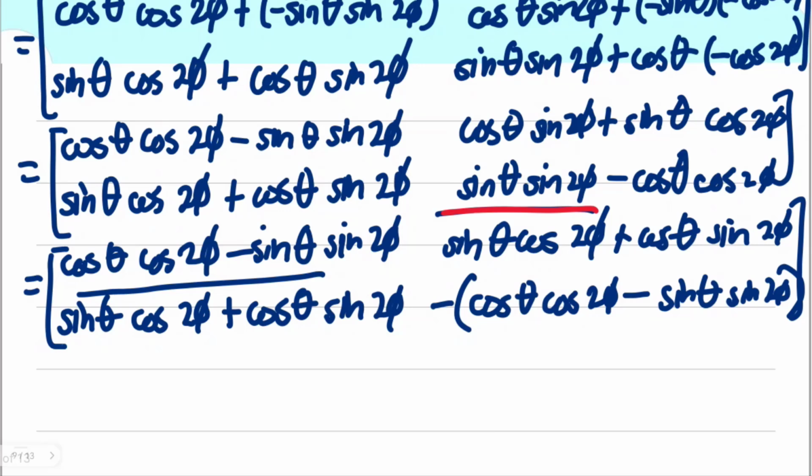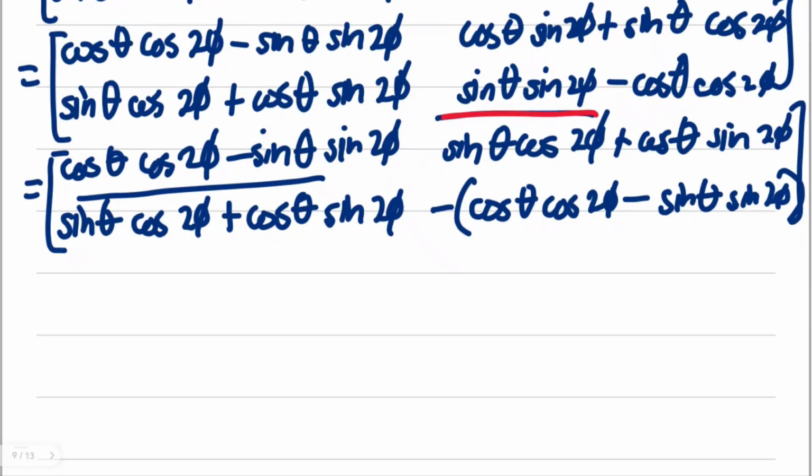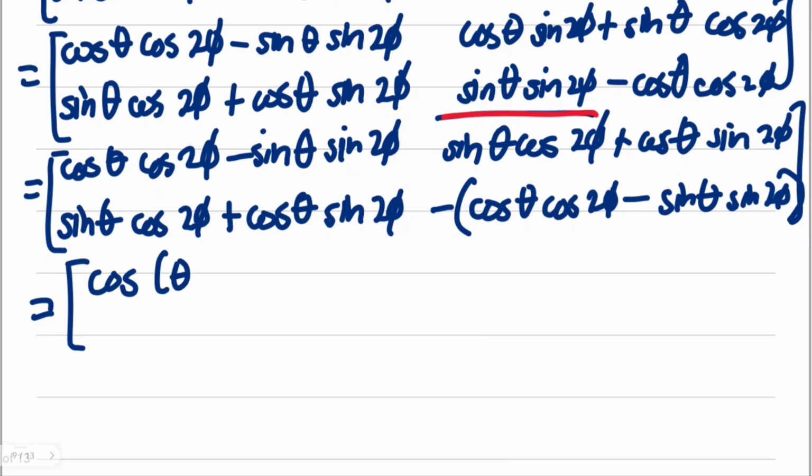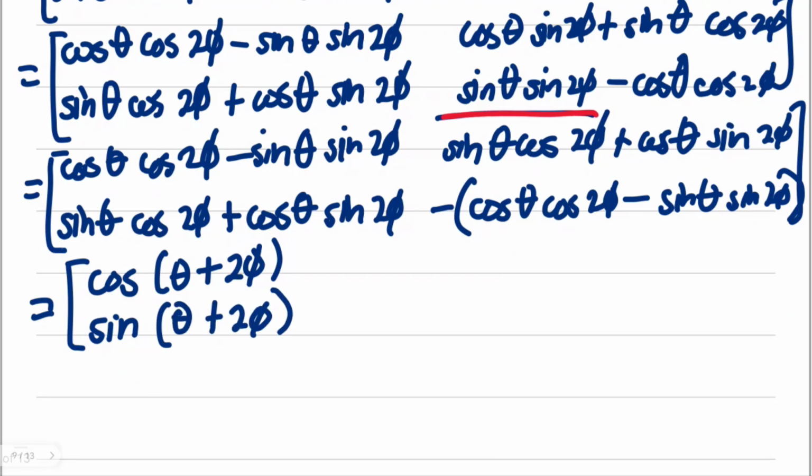So now, I can use the sum and addition formulas specifically for cosine and sine. The first item here is actually the cosine of the sum of theta plus twice phi. Okay? At the bottom is also the sum formula for sine, which is the same here, theta plus twice phi.